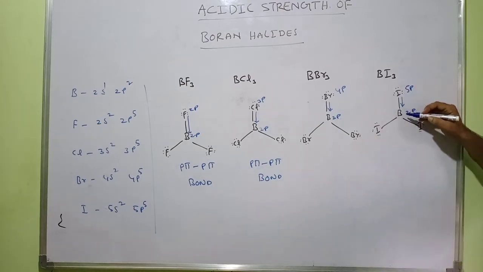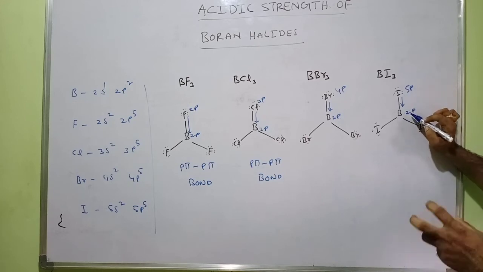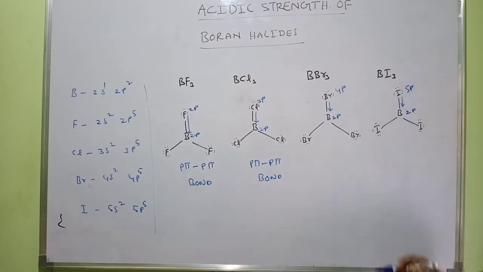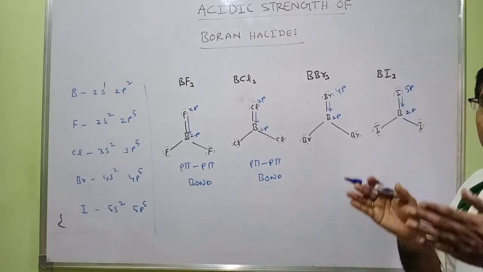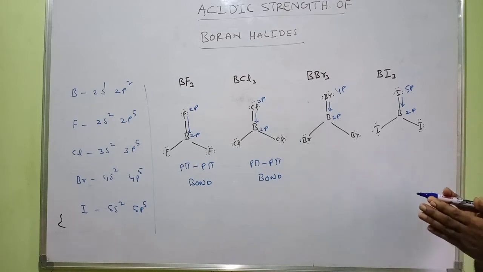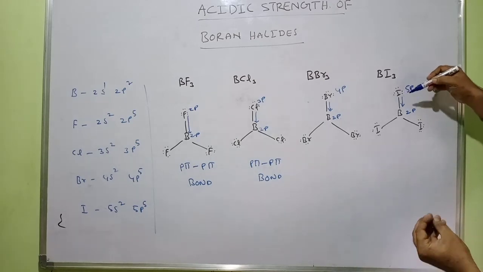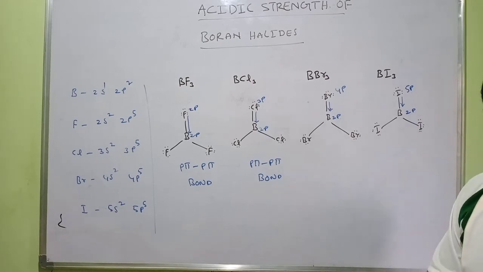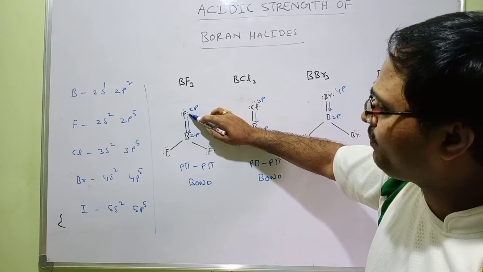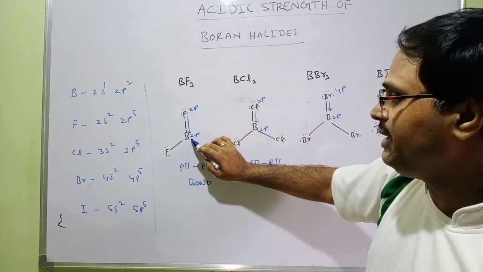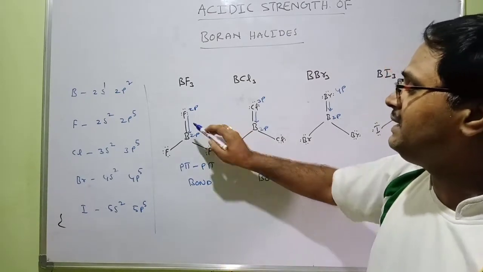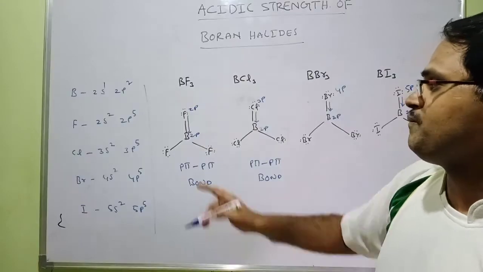When the overlapping is less, the empty 2p orbital of boron will be occupied by the lone pair very little because the overlapping is less. Since overlapping is less, the lone pair doesn't enter completely into the empty orbital of boron. But in this case, the lone pair almost completely fills the empty orbital of boron. That means the 2p orbital will almost be filled by the lone pair of the fluorine.